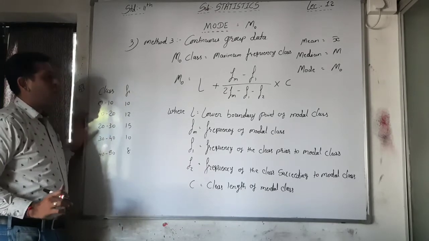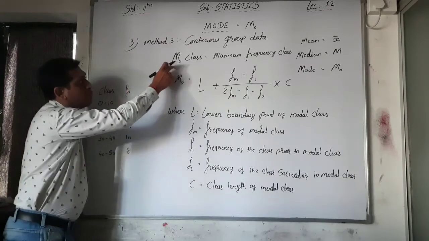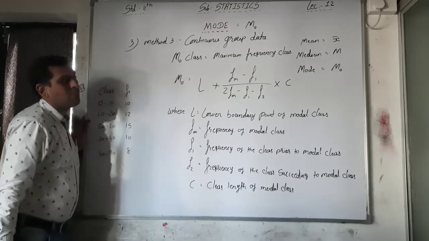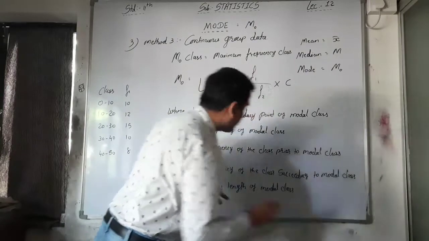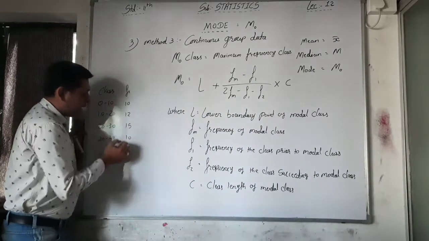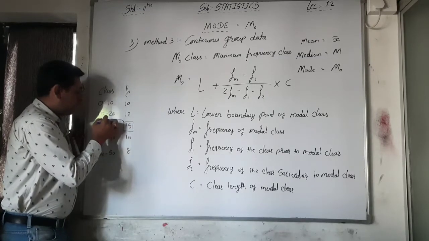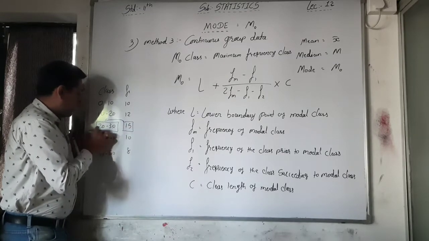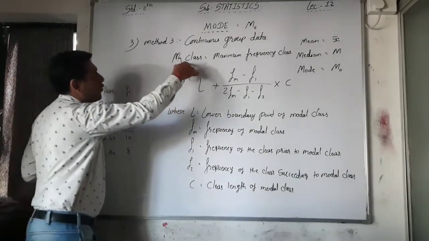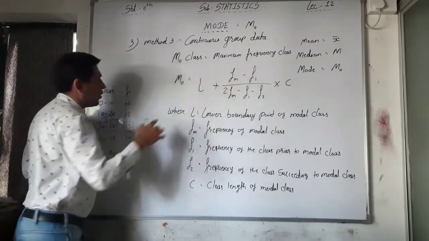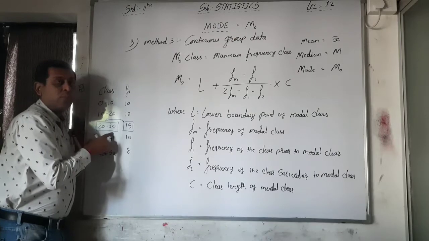First of all, the modal class is the maximum frequency class. 15 is the highest frequency, and that's why the modal class is 20 to 30.